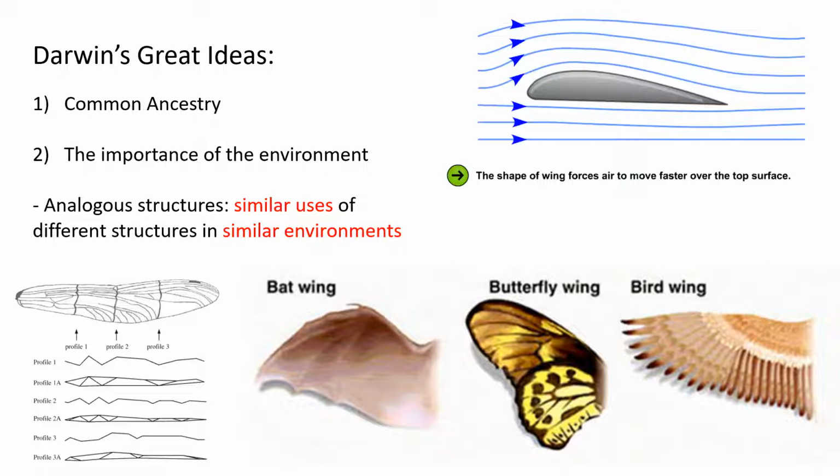Something that's going to function as a wing has to generate lift. And to generate lift, even like the wing of an airplane, it has to, in cross-section, be an airfoil, so that air moving across the top of the wing moves more rapidly and under lower pressure than air moving across the bottom of the wing. With lower pressure on the top of the wing, the wing is pushed up.